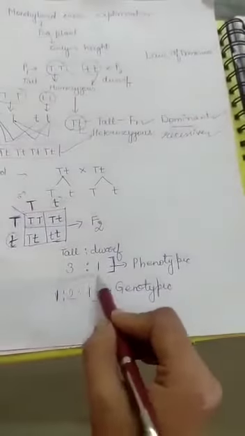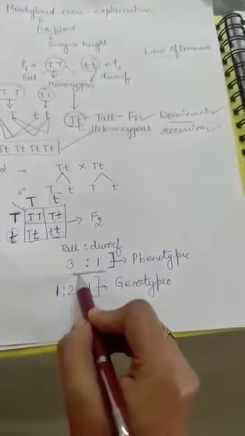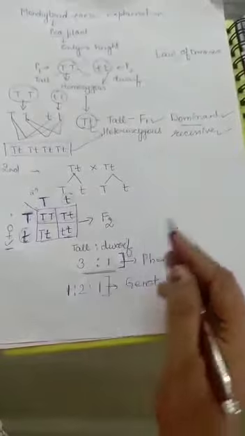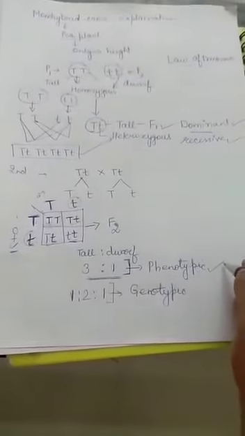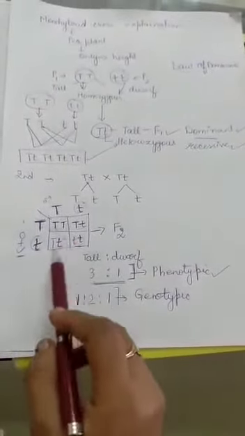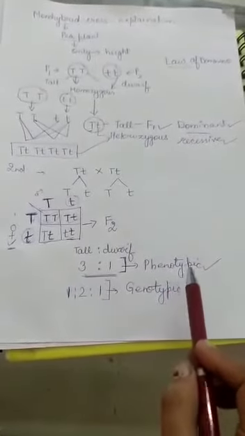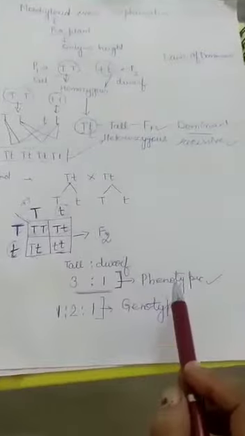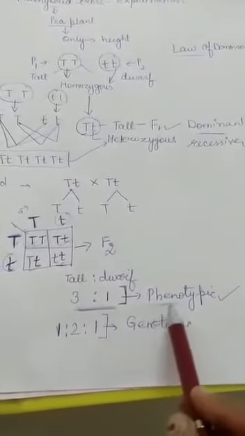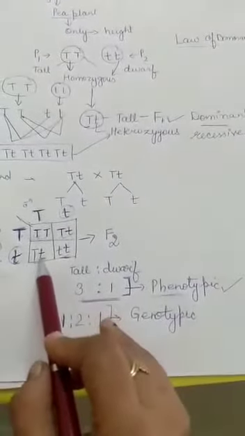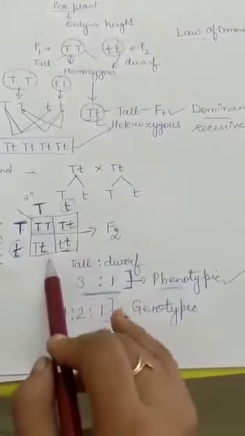This is important. Sometimes it is asked in the exam, what is the phenotypic ratio of the monohybrid cross? So 3:1. Why 3:1? Because phenotypic, P for phenotype, P for physical appearance. When physically seen, all the three plants were tall, irrespective of their genotype.